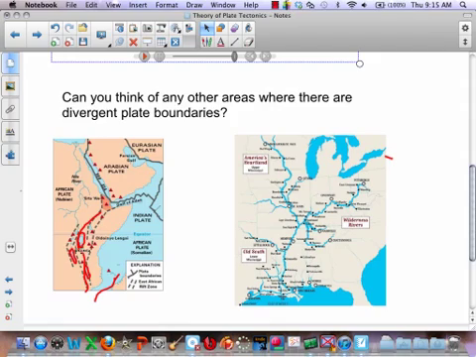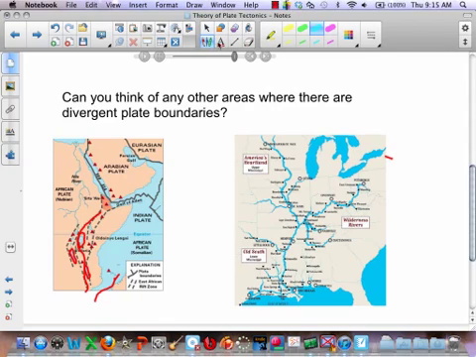Down through here, this is what we call the East African Rift. Remember we said that for the most part divergent plate boundaries occur underwater, on the sea floor. When they occur on land, we call that a rift valley. So when they occur on land, we basically create this rift valley.